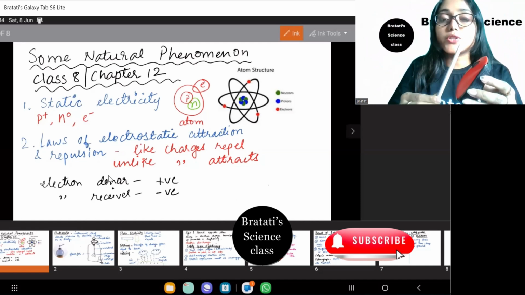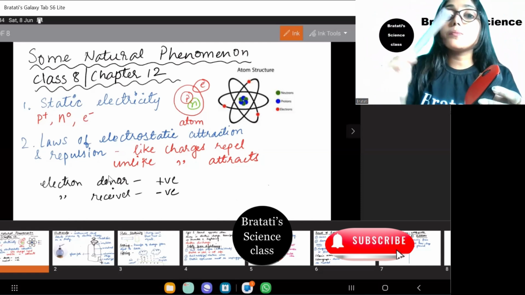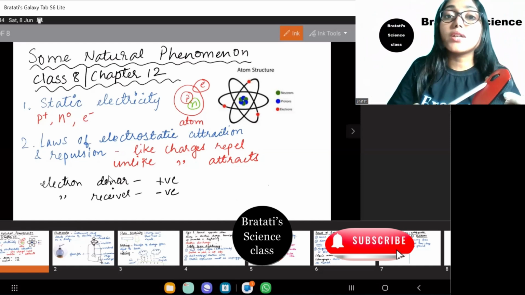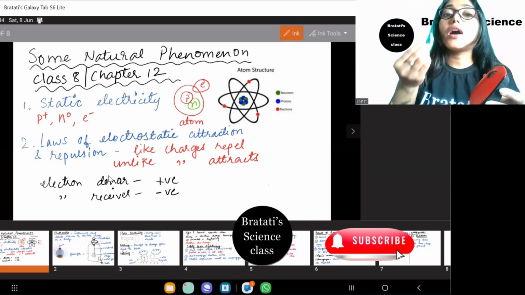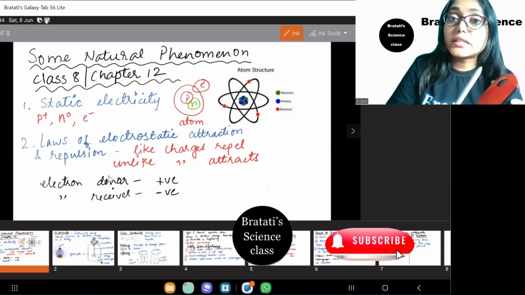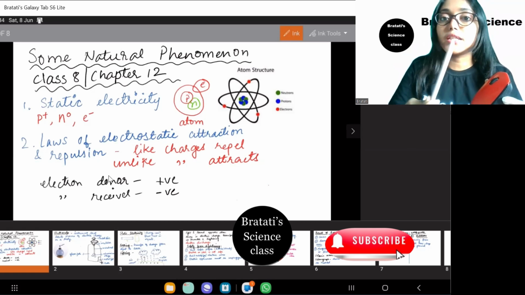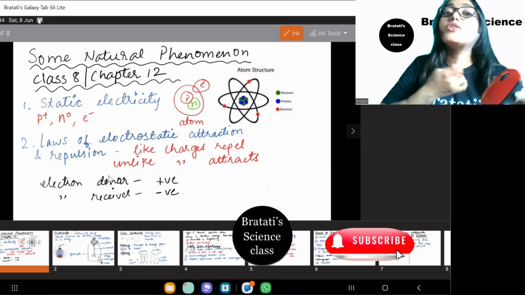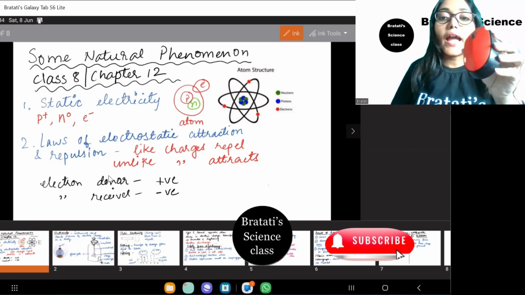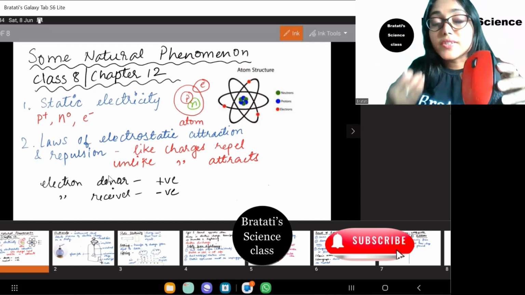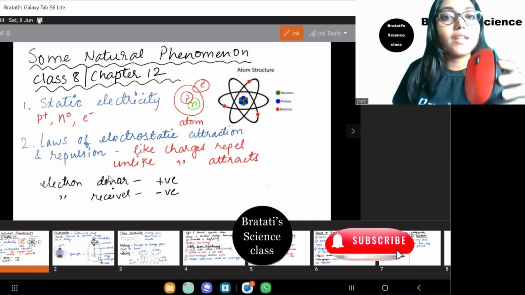Then it might be possible that an electron from the outer surface will jump to the other object. The object which is donating the electron is getting positive charge because it is releasing the negative charge. And the object which is receiving the electron is becoming negatively charged.